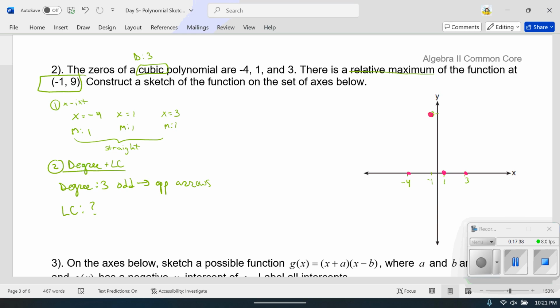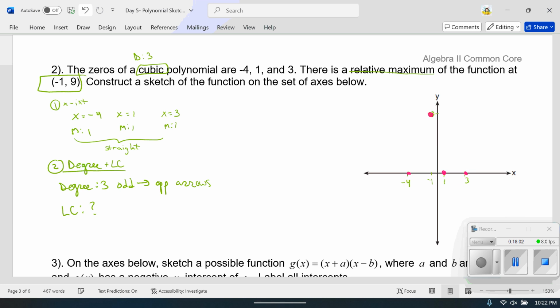So the only way to go through all 4 points, you have to play with it, is to start at the bottom, come up, turn around, and then go back up. And I drew this so that this is the maximum because they said it's the maximum. If you did something that looks like this, then my maximum is no longer at (-1, 9).